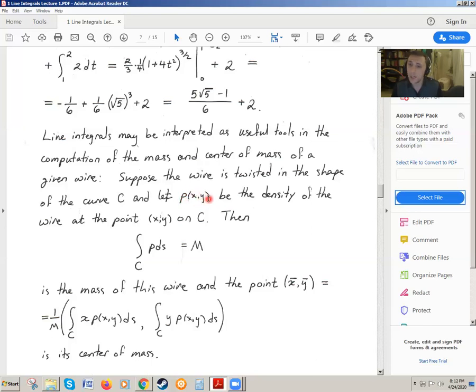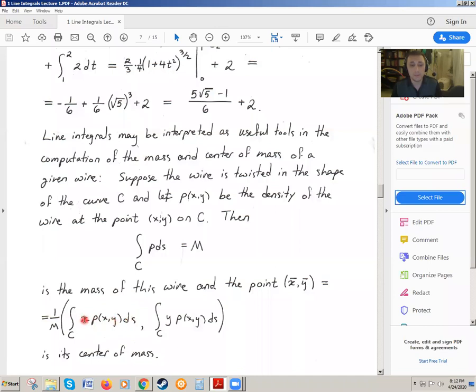So density multiplied by length will give you the one-dimensional, the linear mass. So this full integral can be interpreted as the full mass of the wire, and I can use this to calculate the center of mass of the wire. If you know how to calculate center of mass, you take the x-coordinate multiplied by the density function and the corresponding length.